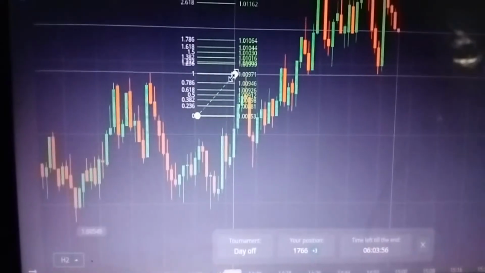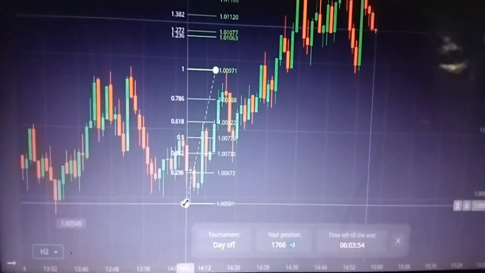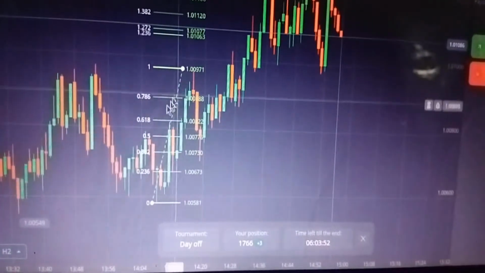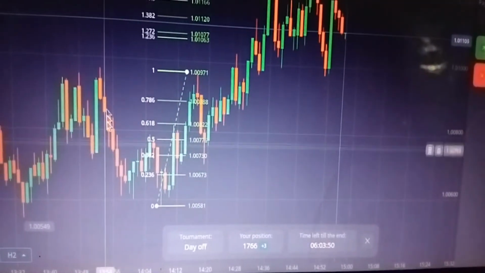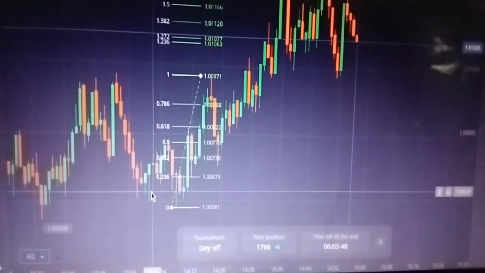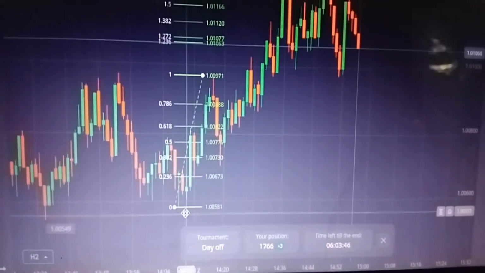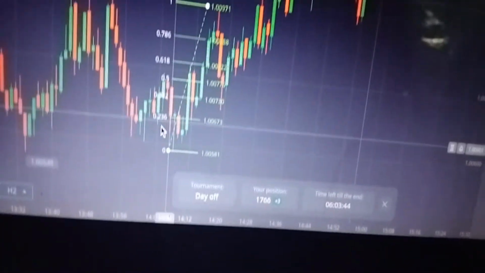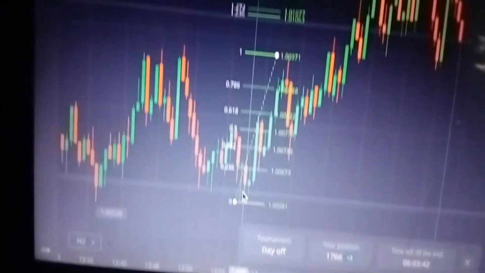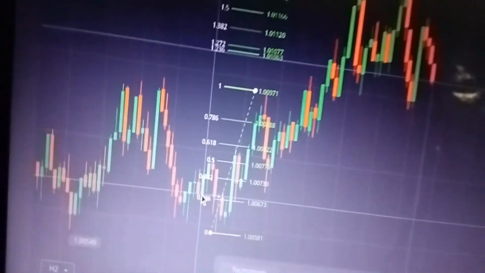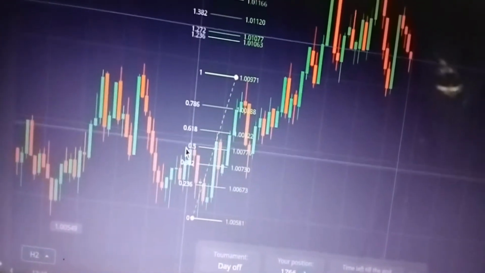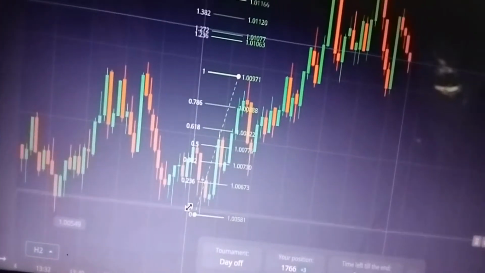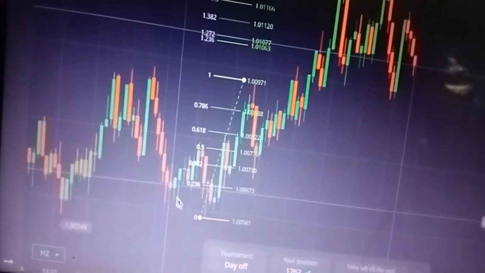So that high to this low. According to this, we are still bearish, right? Still bearish, pressing down. But there was no body close down there. There was no body close, but still we were bearish.